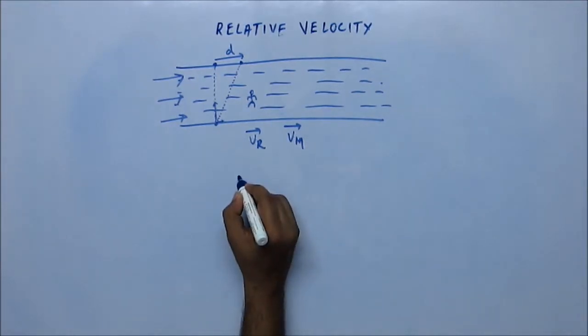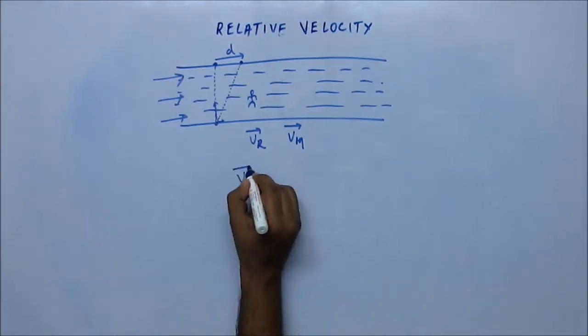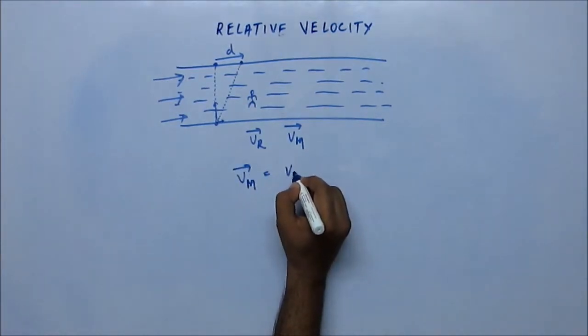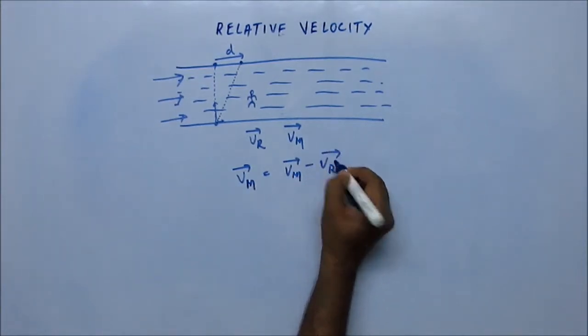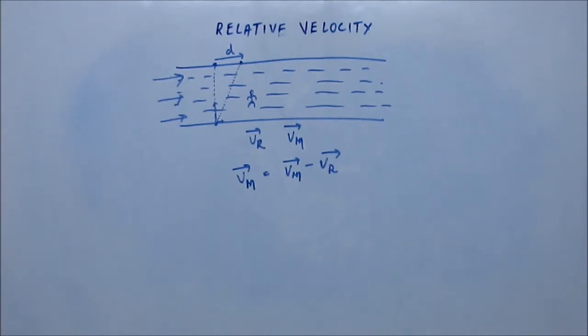Now the velocity of man with respect to river is velocity of man minus velocity of river. This is how we write relative velocity, right?